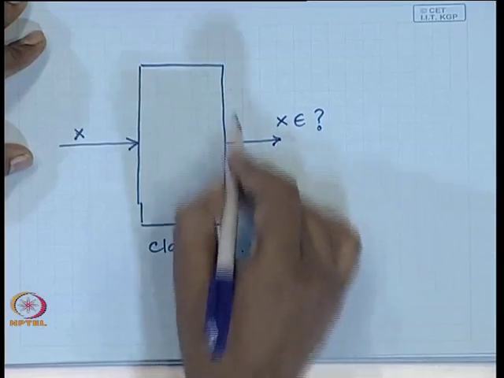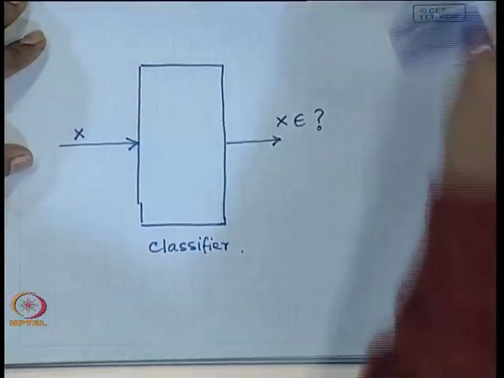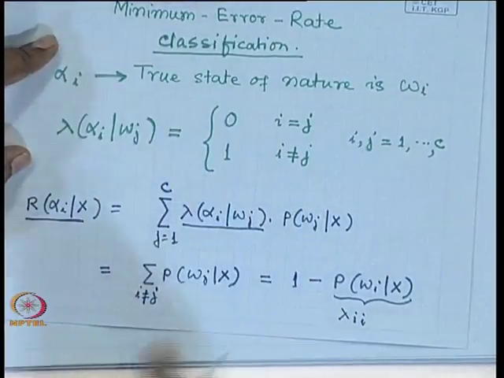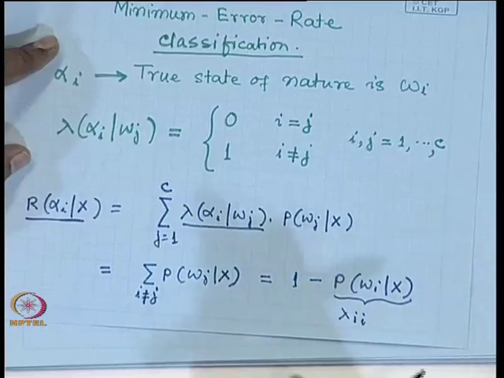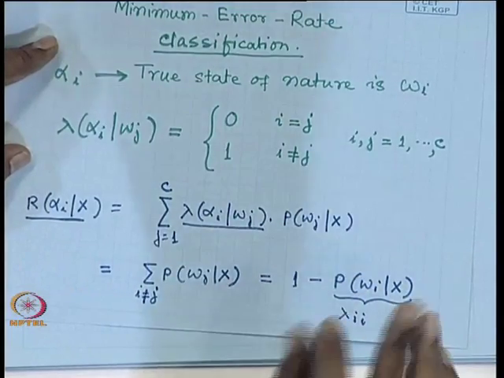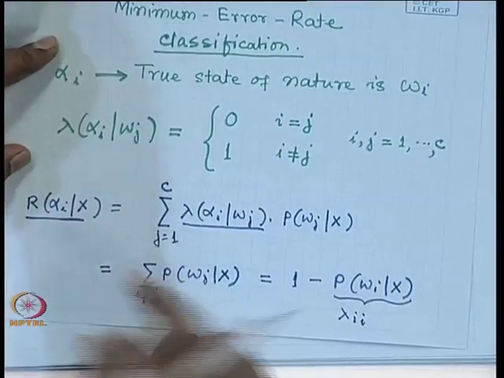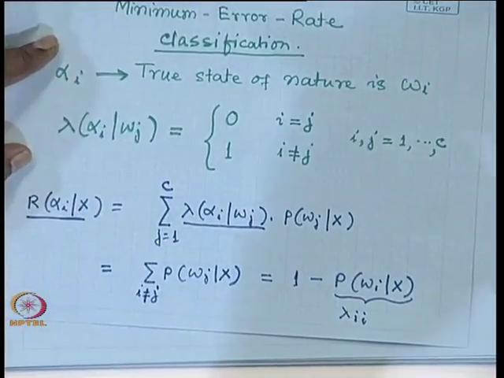Now, inside this black box, all these different types of calculations are to be made. If I go for minimum risk classifier, then for every different action, this classifier has to find out what is the corresponding risk, and it has to give me that action for which the risk is minimum.